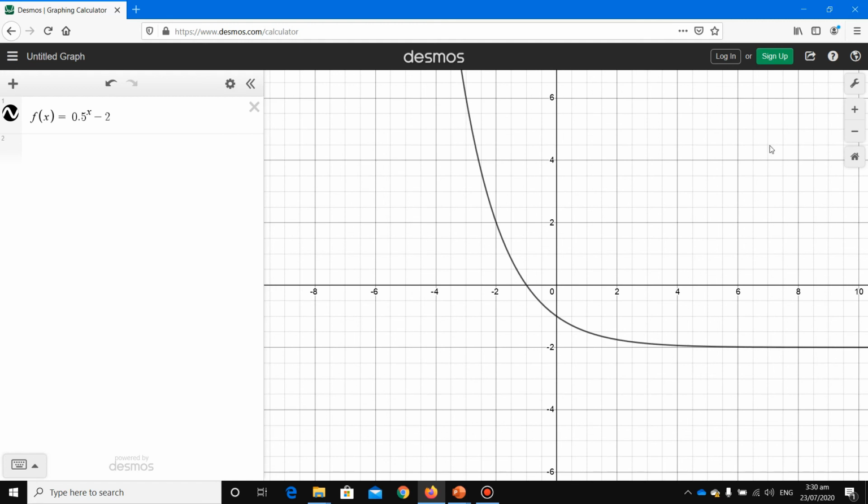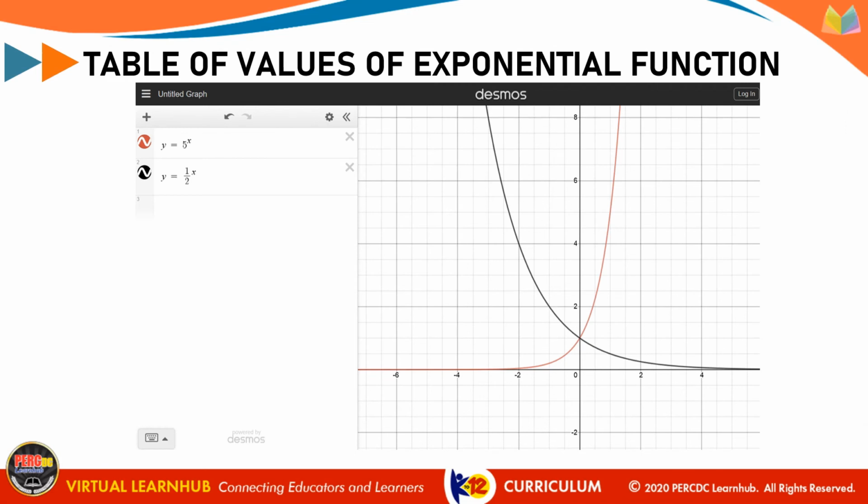Alright? Now let's compare our two examples. So first, our first example is y equals 5 raised to x. And our second example is y equals 1/2 raised to x. In our first example, our base is greater than 1.